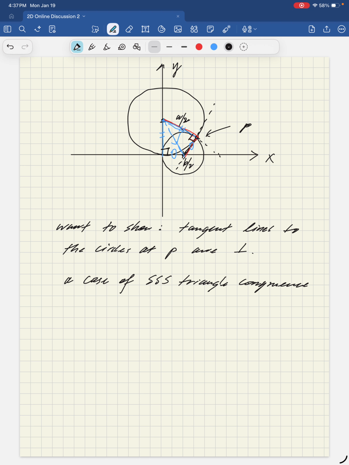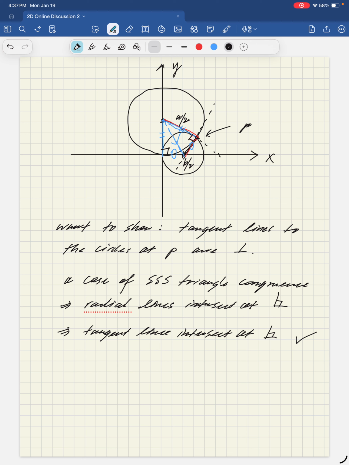And so the radial lines intersect at right angles. And therefore, my tangent lines also. And this completes the proof.